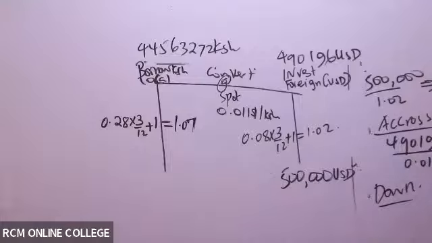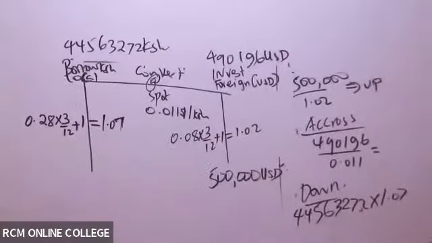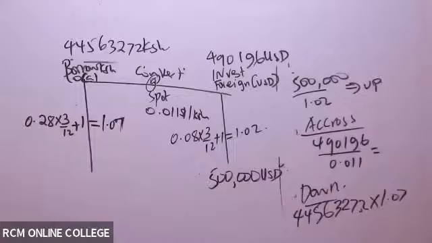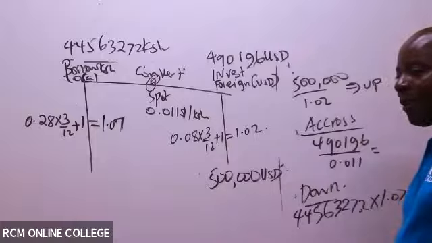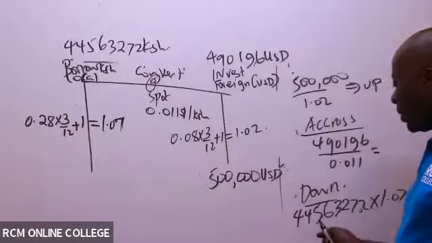Multiply, yes. So pick that 44 that you have, a whole number, don't use decimals, 44,563,272, and multiply this with 1.07. How much are we getting?